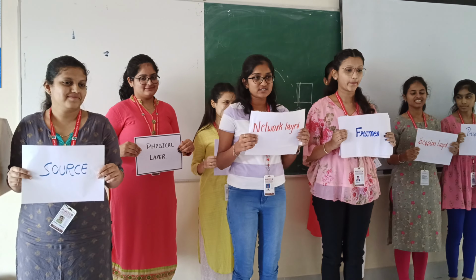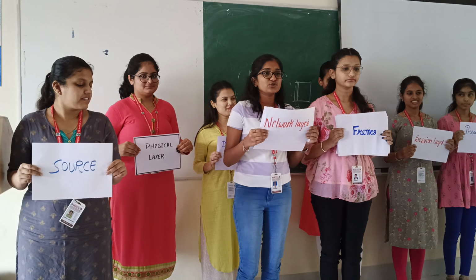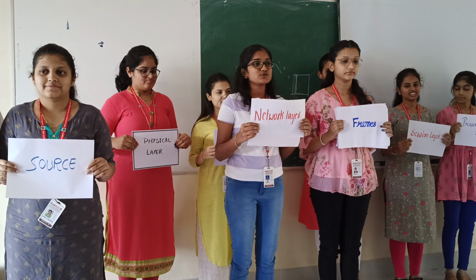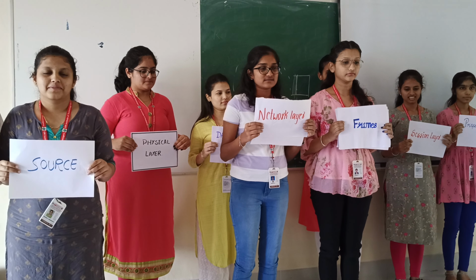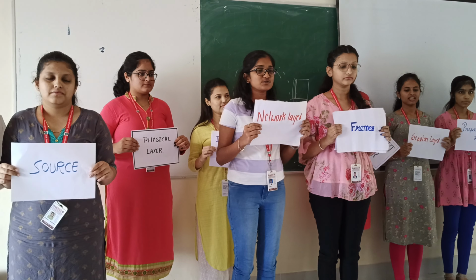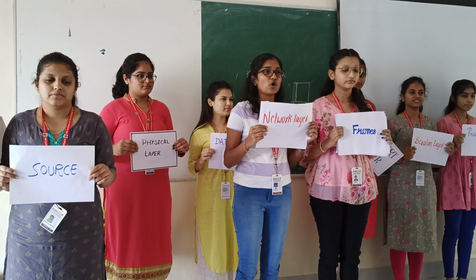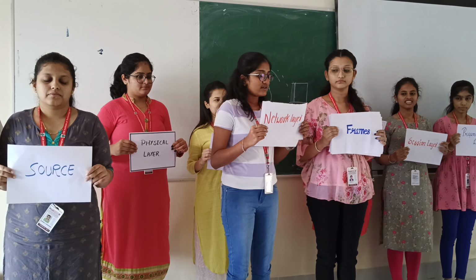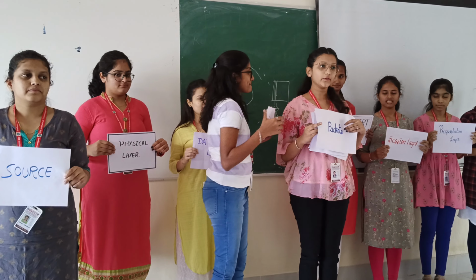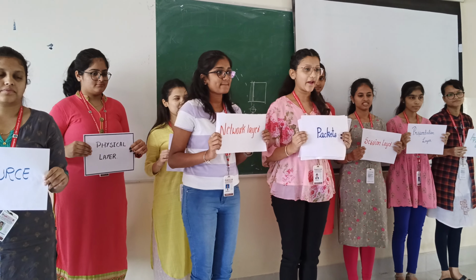Here frames are converted into packets. Packets are used for logical addressing and routing. Logical addressing is used for finding the destination path, and routing is used to find the best among all the paths. Now the packets move to the next layer. In the network layer, I am converted into packets.